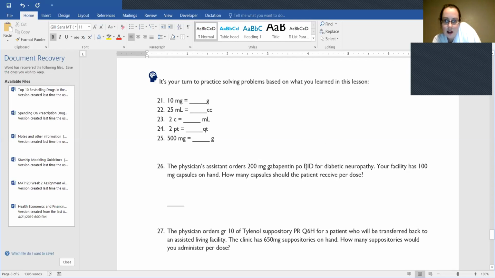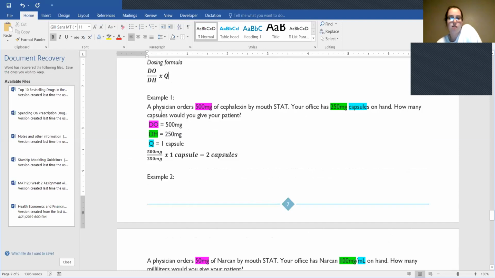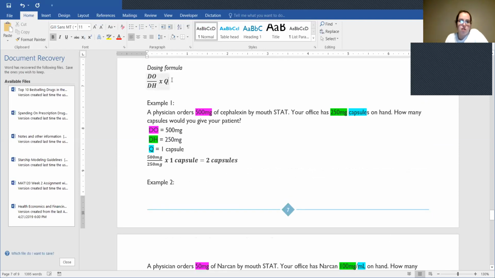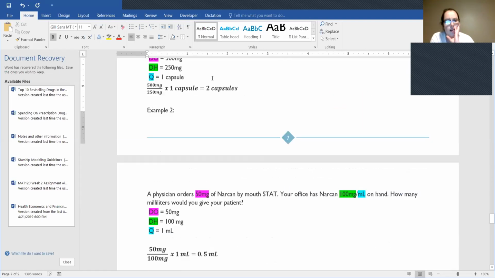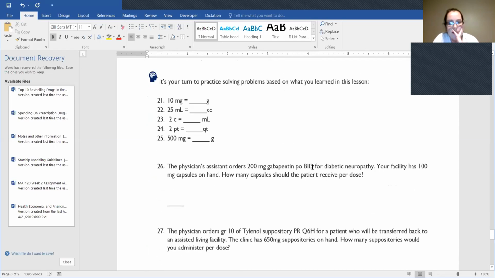We can even leave out the number of doses per day, because this calculation of DO over DH times Q is the amount of drug to be given in each dose. So we don't even care ultimately about the frequency.